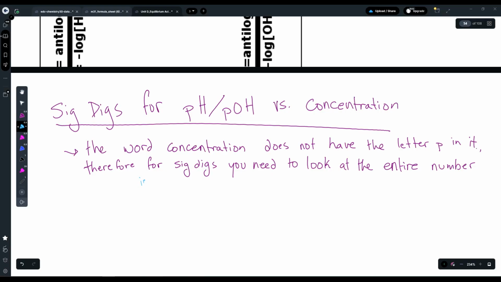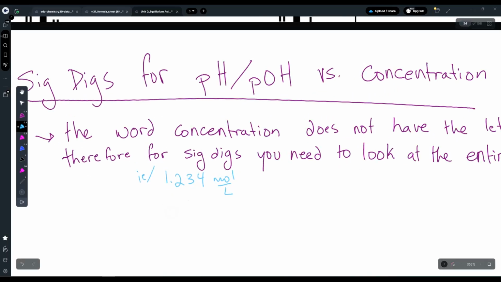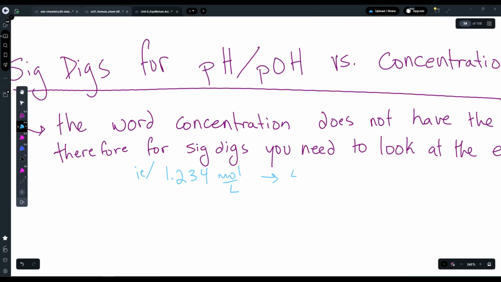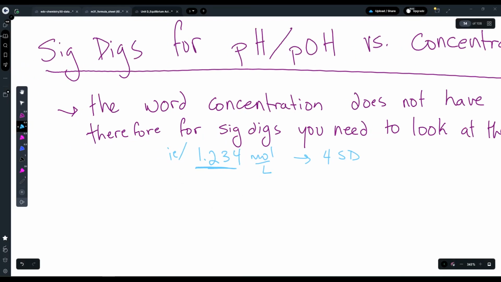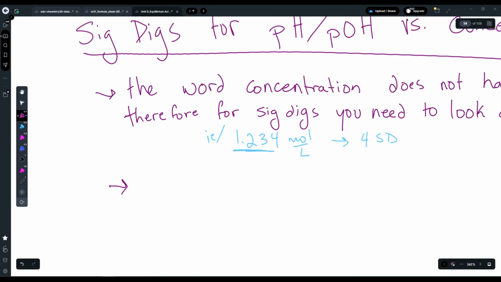So for example, if we had a concentration of, let's say, 1.234 moles per liter, then that value would have 4 significant digits because we're looking at the entire number to determine the sig digs of this value. Now let's write what I said about pH and pOH.